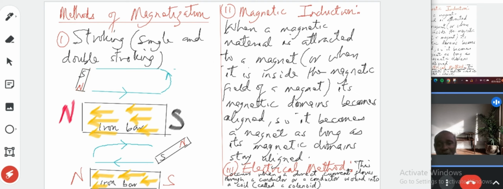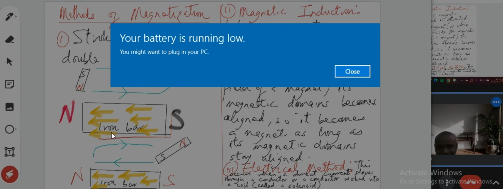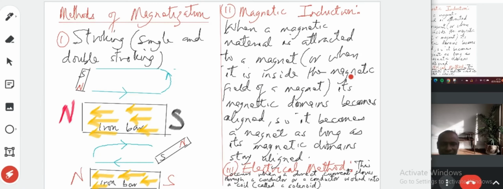Now, if you're holding this short bar magnet close to an iron bar, and then you are moving it in this direction as shown, you move it and back.